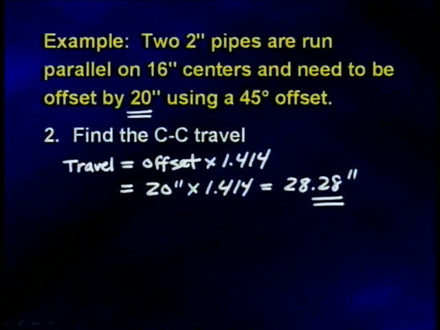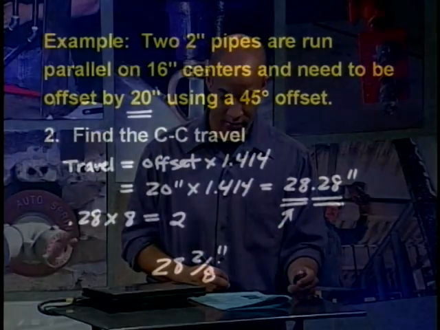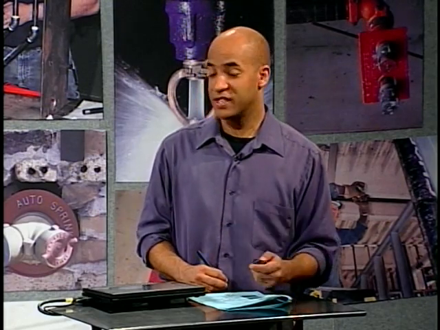Changing the decimal part to the closest eighth, we'll multiply it by 8, which gives us something close to 2. So we've got 28 2/8 inches. So we found the center-to-center travel.